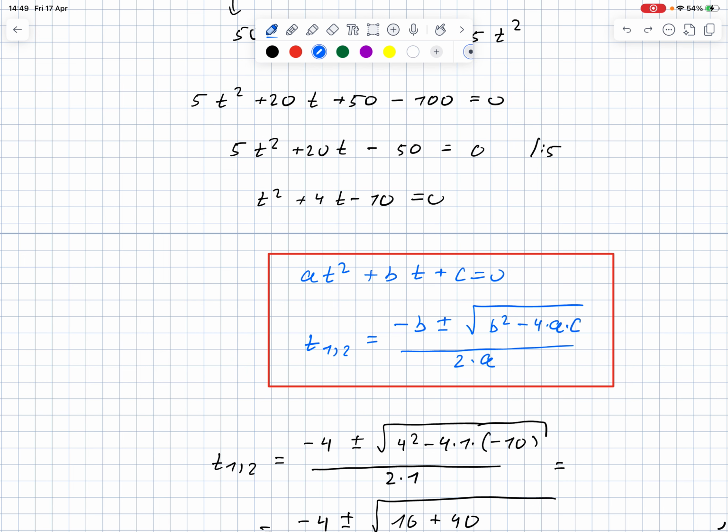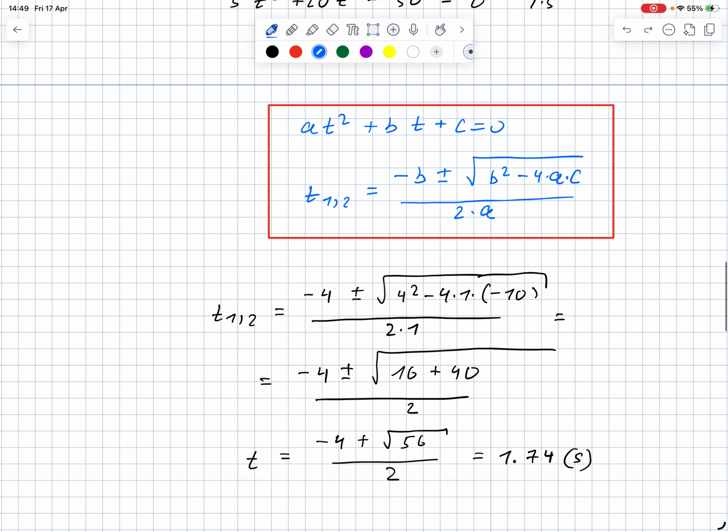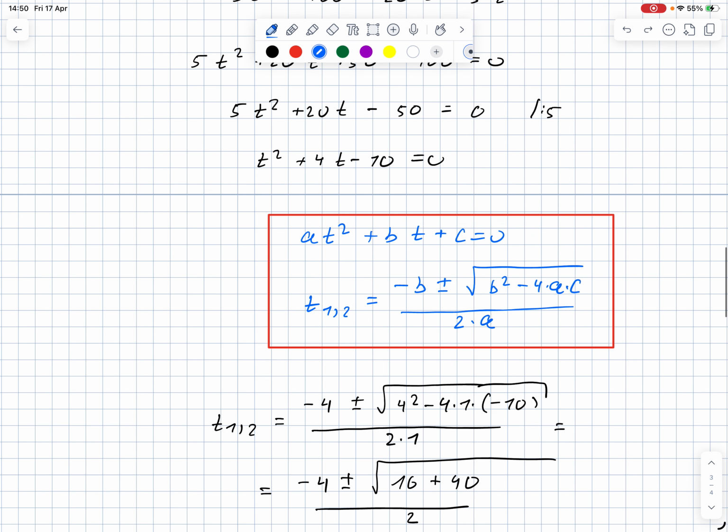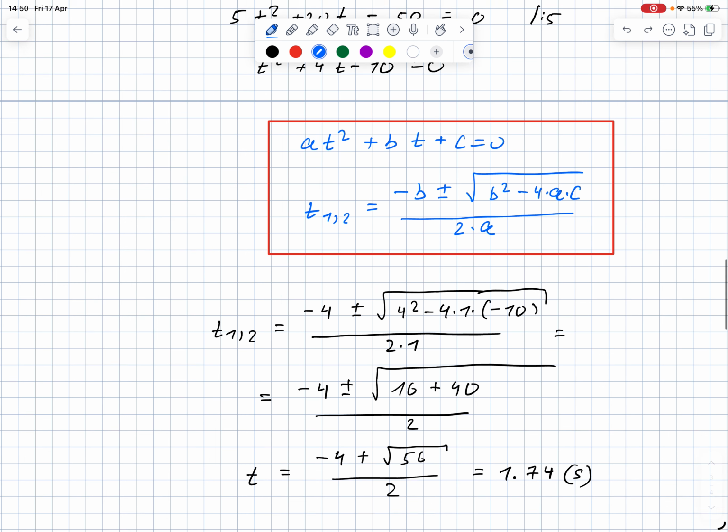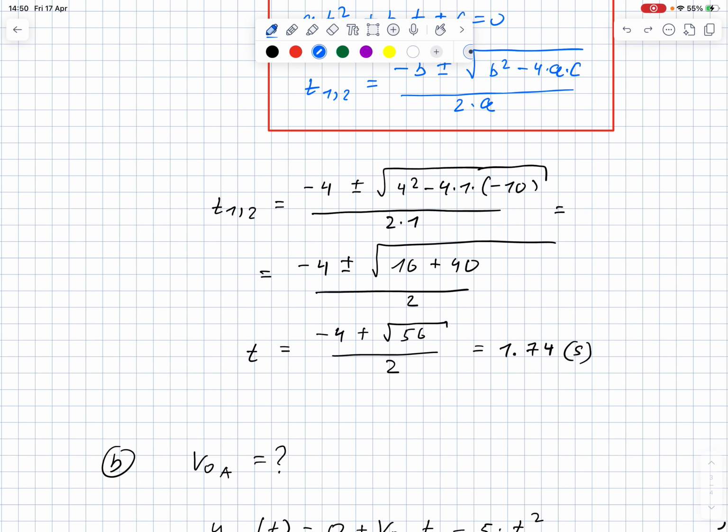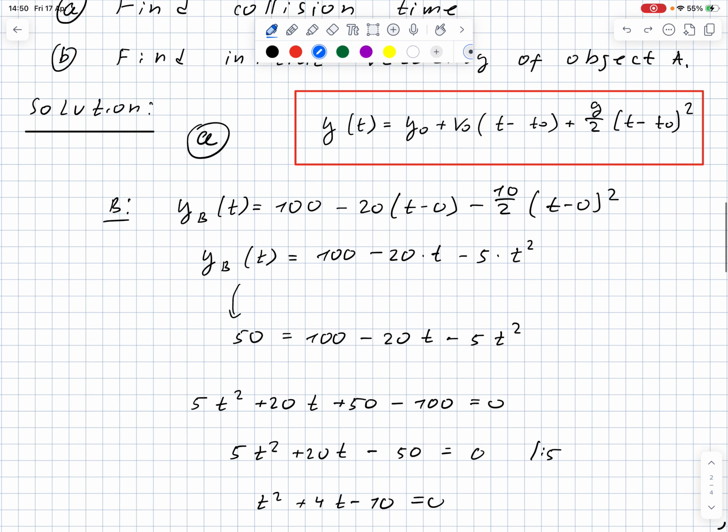I'm going to calculate the collision time for this part A. If I use all those coefficients, as you can see here, the final result for collision time should be 1.74 seconds. And this is the solution for part A.